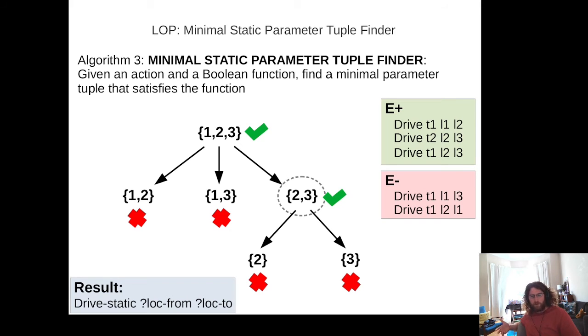So the tuple 1, 2 is not sufficient, 1, 3 is not sufficient. We saw in the previous slide, 2, 3 is, and then we try removing further parameters. In this case, the result is the new static with the 2 location parameters, just like in the domain.